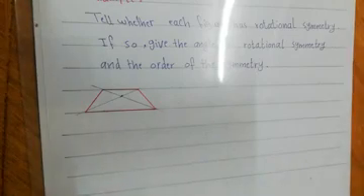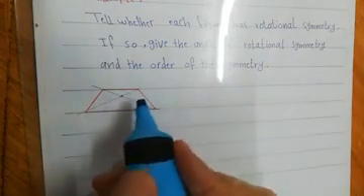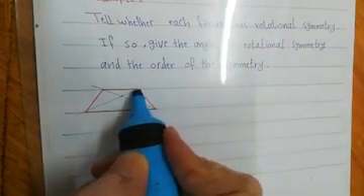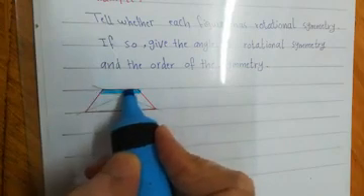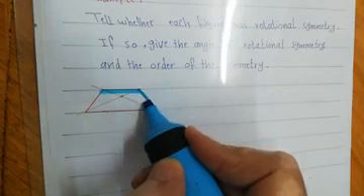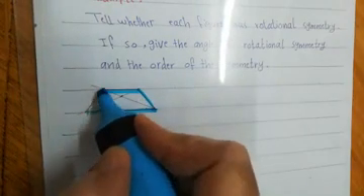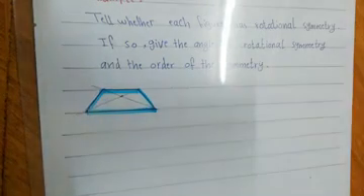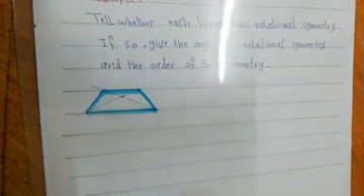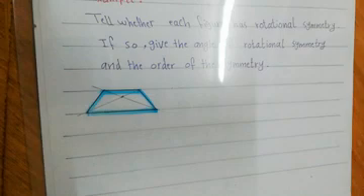I will copy this shape now like this. Then I will start rotating it to check if there is a rotational symmetry or not.